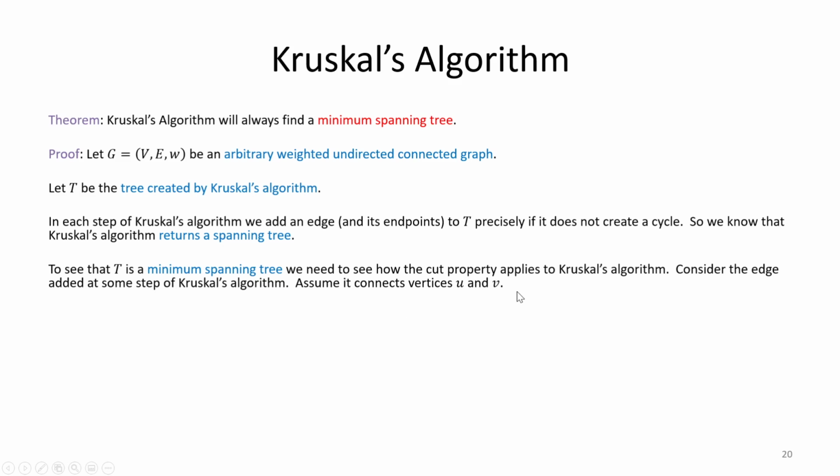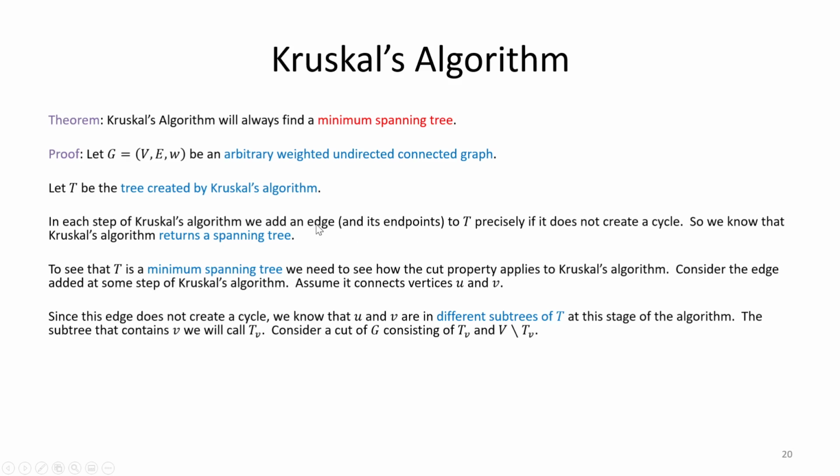I'll call them U and V. Now at this point, these vertices, U and V, might just not be connected to anything, or they may already be connected to other vertices in some subtree. And so what I want to do is give names to these possible subtrees. Again, these subtrees might only contain the single vertex itself, or they might contain more vertices if they have already been connected in an earlier step in the algorithm.